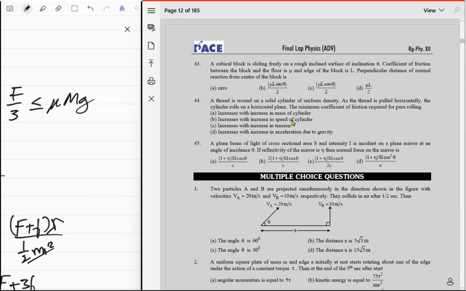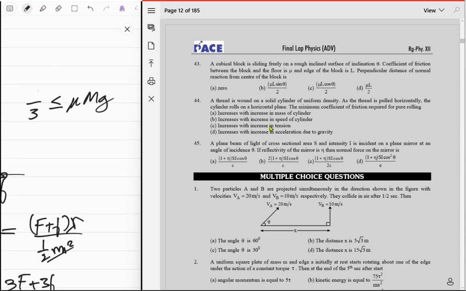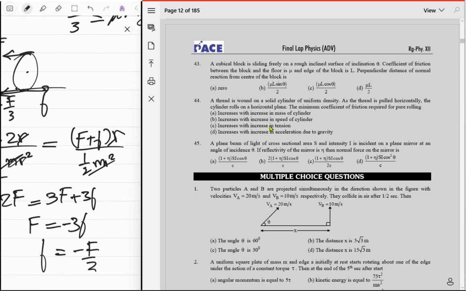Mass of the cylinder, no. Increases with increase in speed of the cylinder, no, it depends on the friction force, so it depends on the force f. Increases with increase in tension, yes. This f is the tension, so friction is T upon 3 in this direction. So yes, it increases with increase in tension, and gravity, no. So C is the answer.